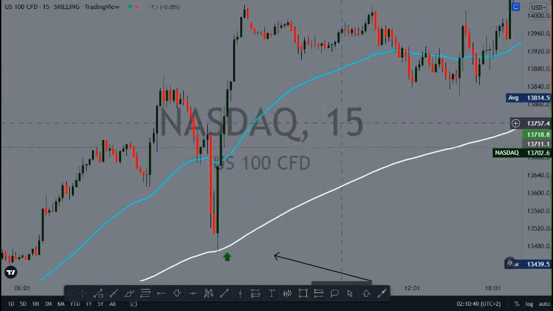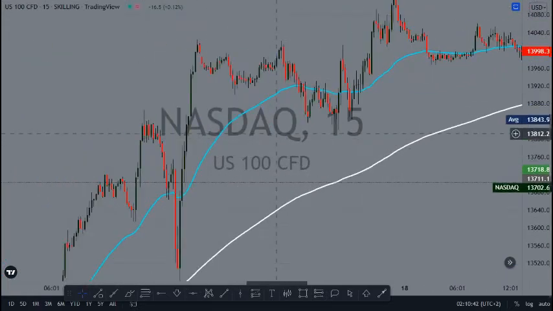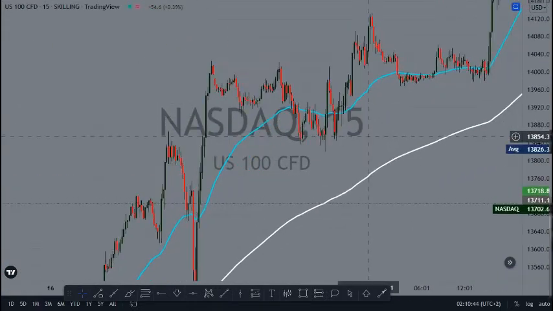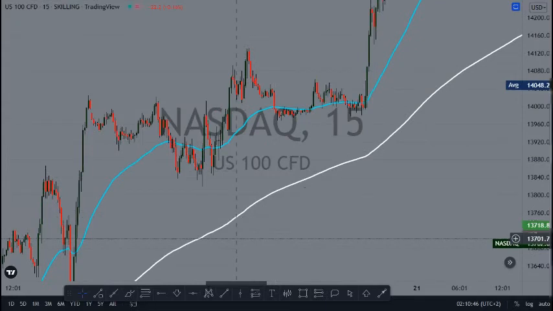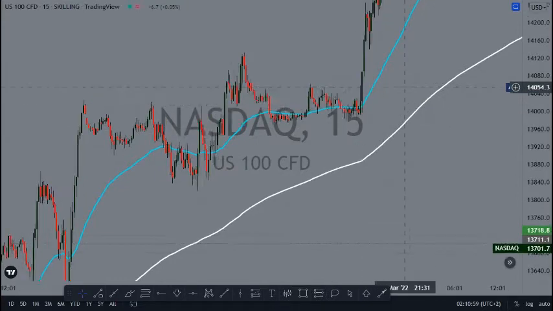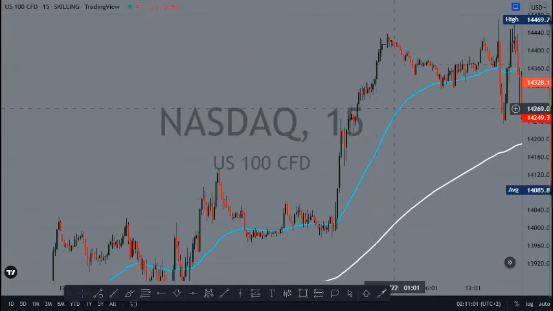So let's check again for another setup. We got a bounce back into the 50, and then the market traded back upwards. We got another entry again on the 50, and then the market traded upwards.